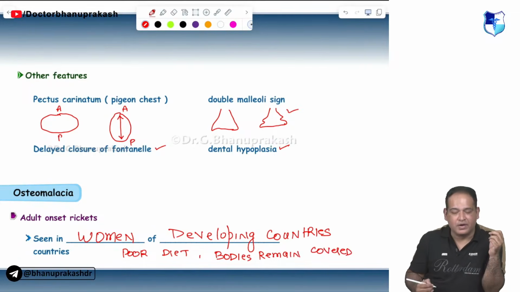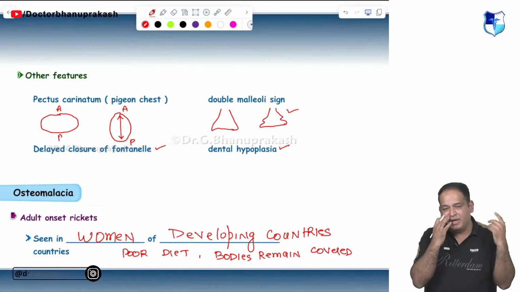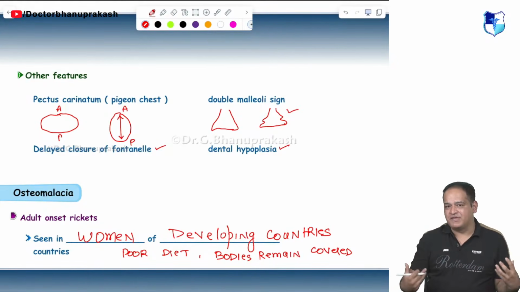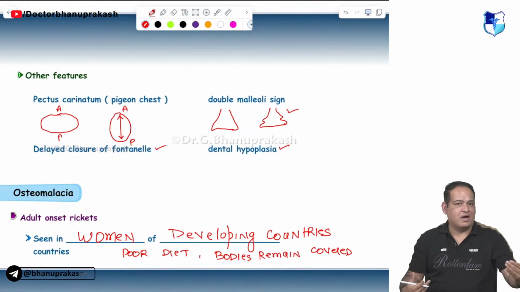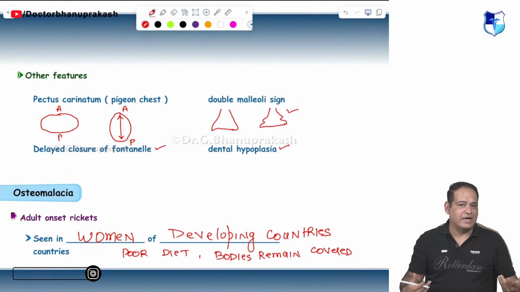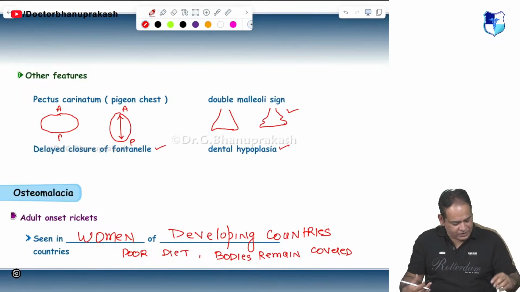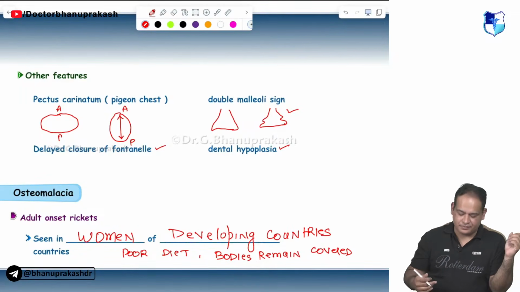Now look, males walk around in lungi and vest, so their bodies get some sunshine. But females can't even wear skirts in our societies. So their bodies will not get sunshine. So they will have deficiency.